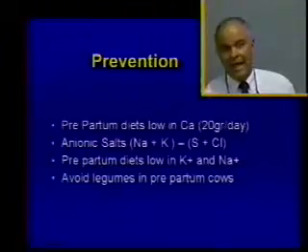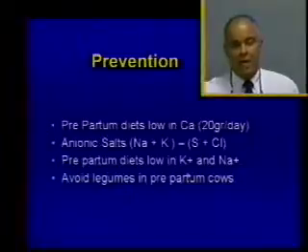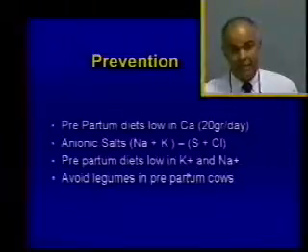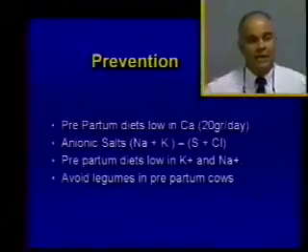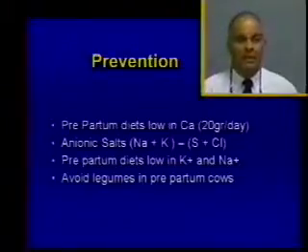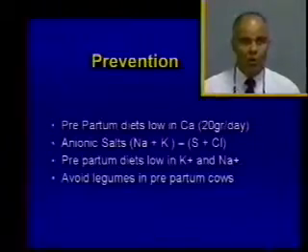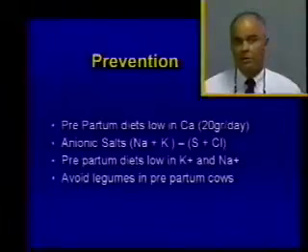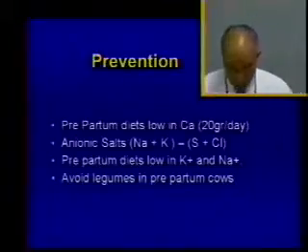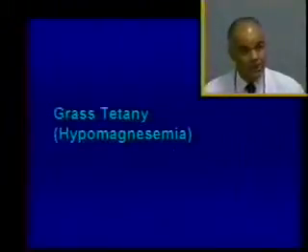Remember that the higher the cation concentration in the diet, the more you predispose the cow to an alkaline metabolism, and that will suppress the receptors that are needed for calcium homeostasis or calcium compensation. Then we want to avoid legumes in prepartum cows because they're high in potassium.